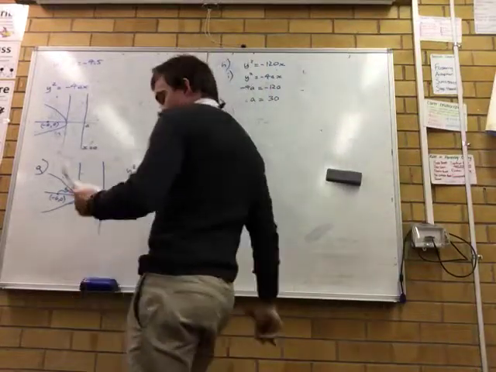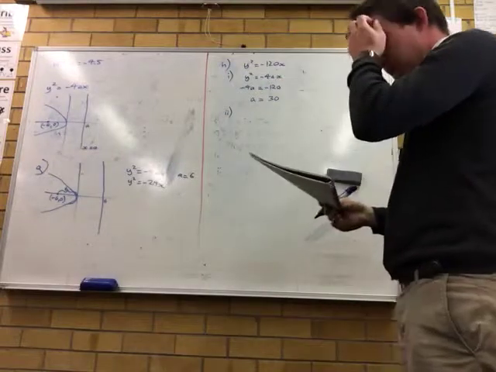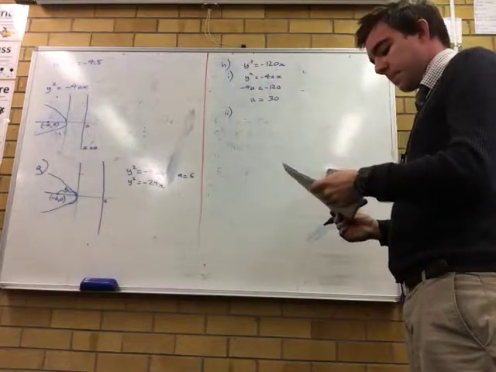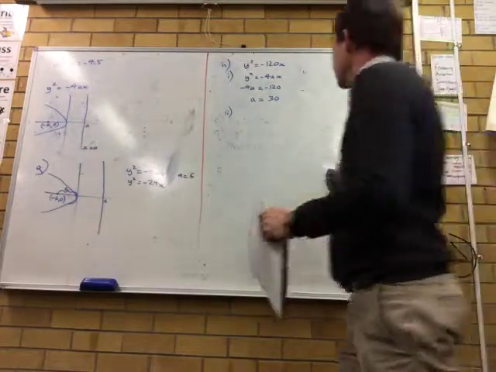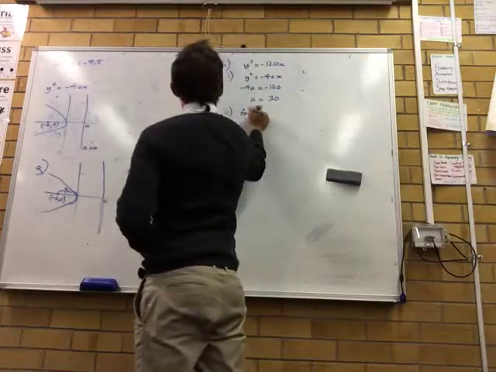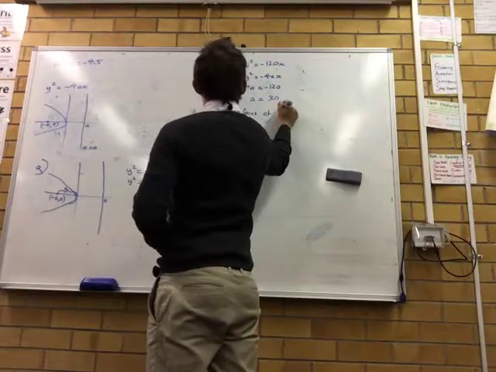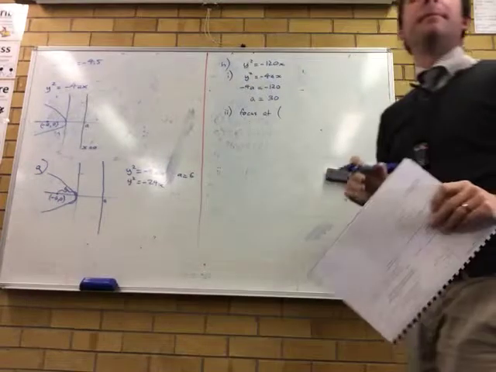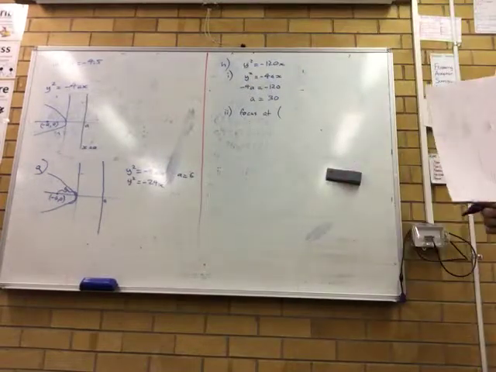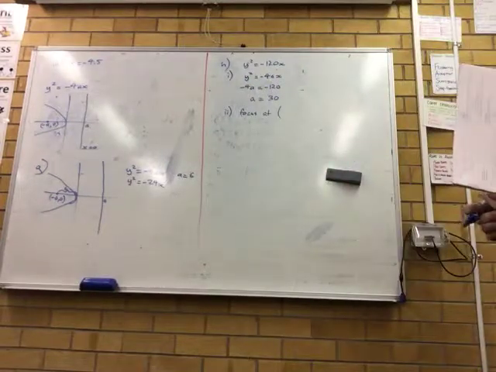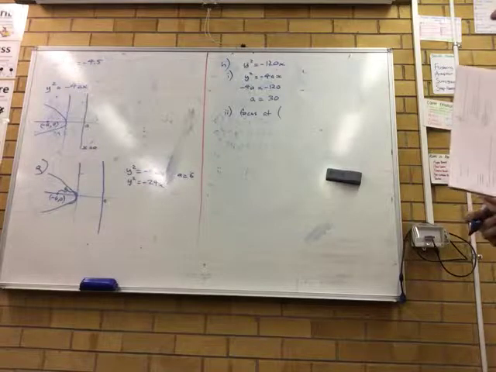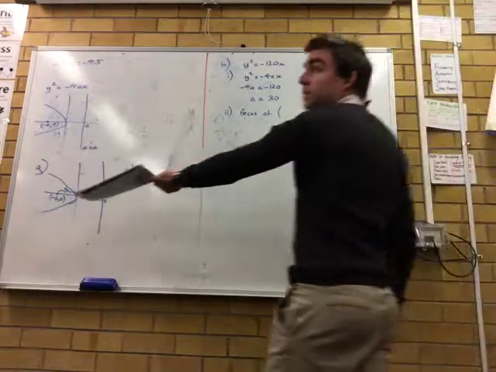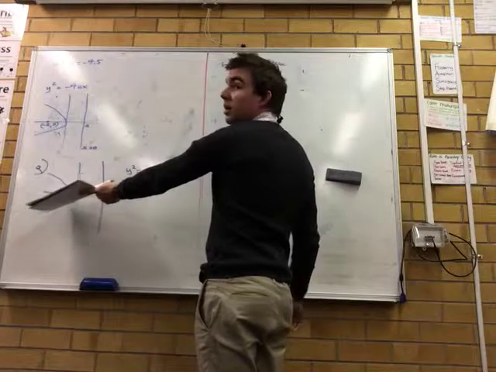Double I, what are the coordinates of the focus? 30, 0. Well, thinking about the orientation first. Oh, negative 30, 0.